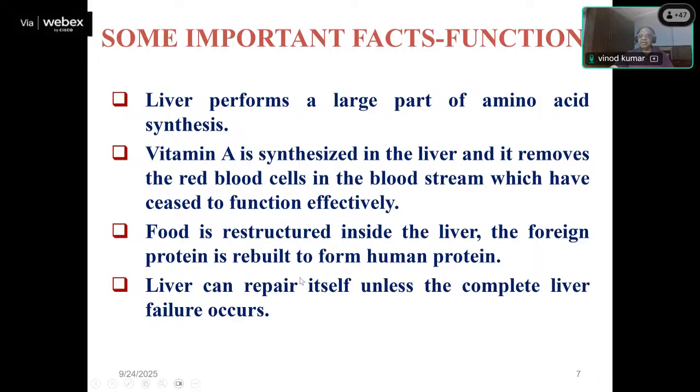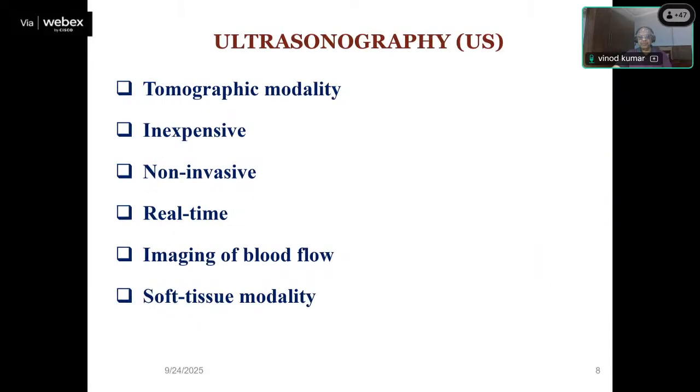Liver performs a large part of amino acid synthesis. Vitamin A is synthesized in the liver. Food is restructured inside the liver. Liver can repair itself unless complete liver failure occurs. So that means liver is a very important organ in our body. So that was one criterion, and a large number of liver patients were coming to PGI Chandigarh.